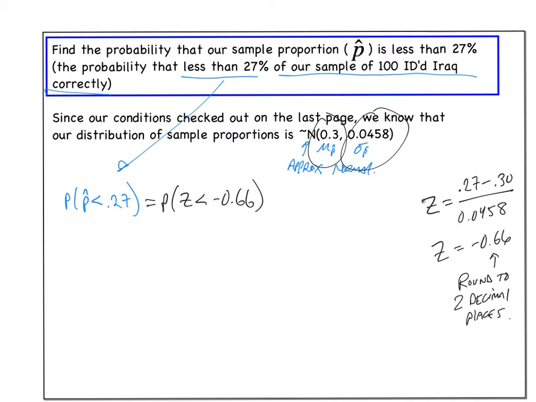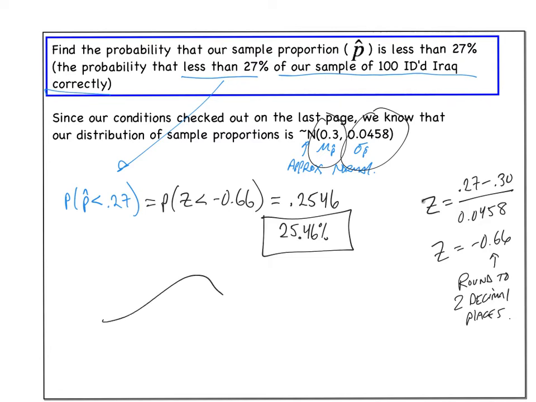So I go to my z-chart now, and I look up negative 0.66 on my chart, and since I'm doing less than, whatever I look up is my actual answer. So when you look it up, you get 0.2546. 25.46% is our answer. That's the probability that less than 27% of our BSM students in our sample can identify Iraq correctly.